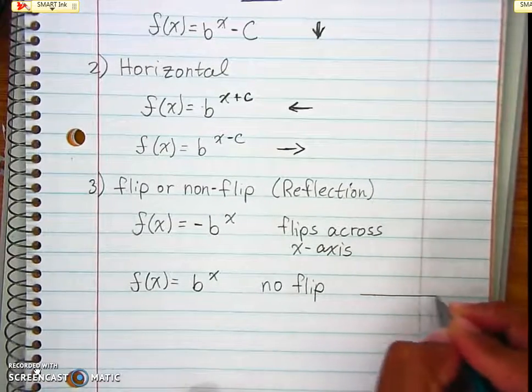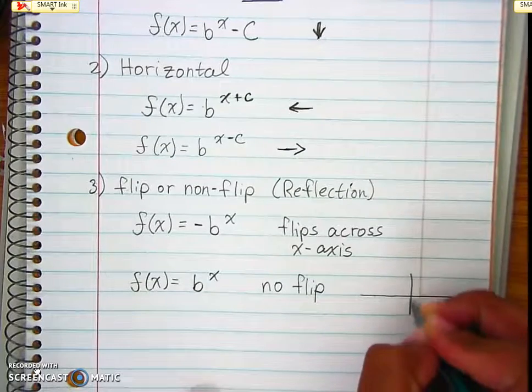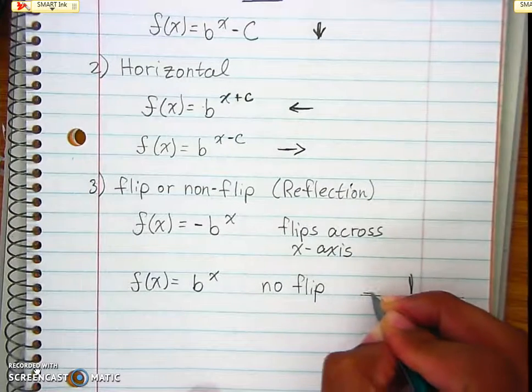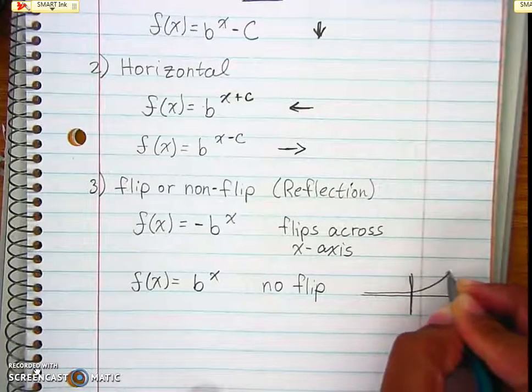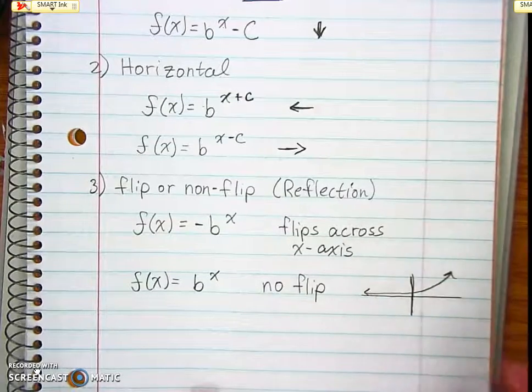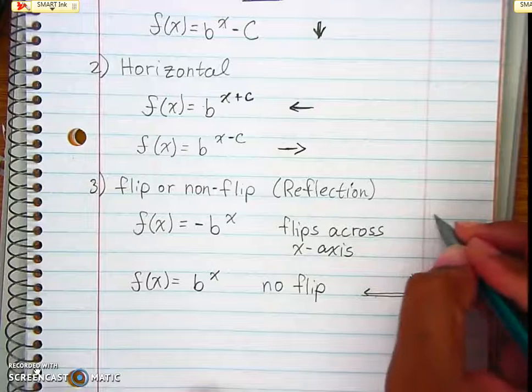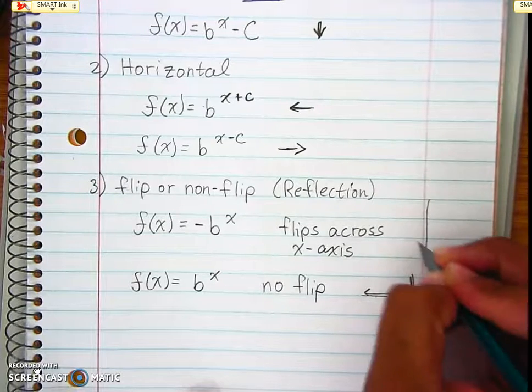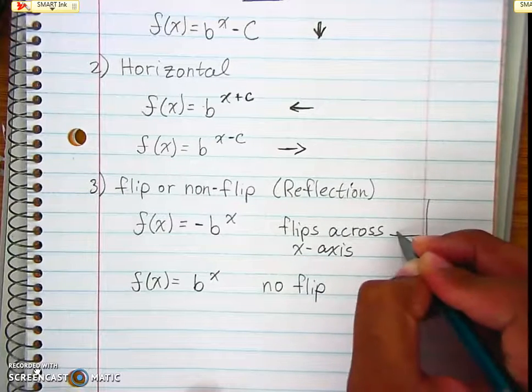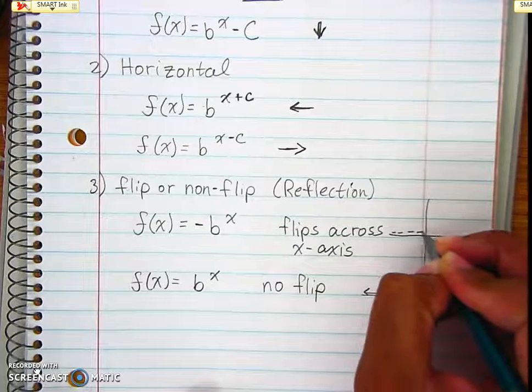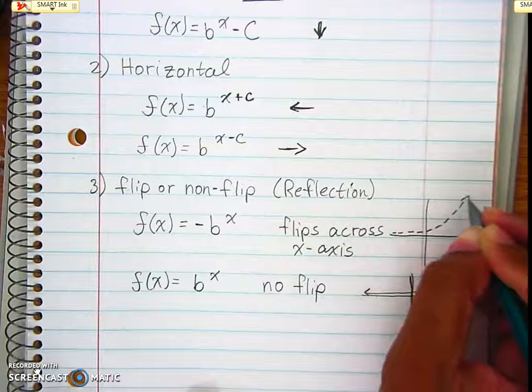So in this part here, just to make sure everybody has it, there's the asymptote there. So then it goes up like this and there's no flip. Now when it comes here, I'm going to do the dotted line for the parent graph, and then I'm going to show you the transformation. So this is that parent graph here.